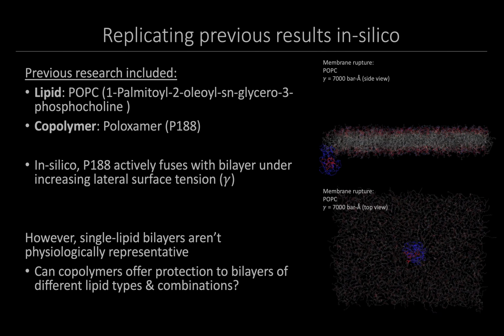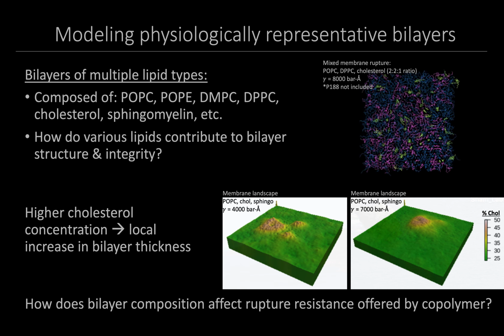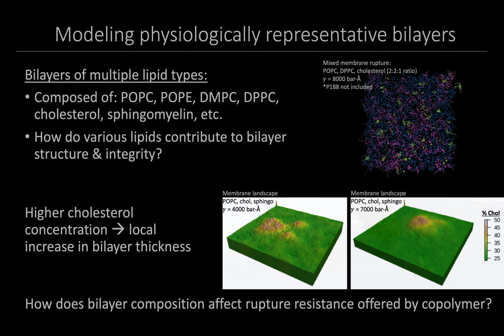So I wanted to model bilayers more representative of, say, a sarcolemma cell membrane, which, when compromised, drives the progressively worsening muscle deterioration characteristic of Duchenne muscular dystrophy. I wanted to model bilayers with many different lipid types and with different proportions of lipid types and compare how the different copolymers affect membrane stability in these bilayers.